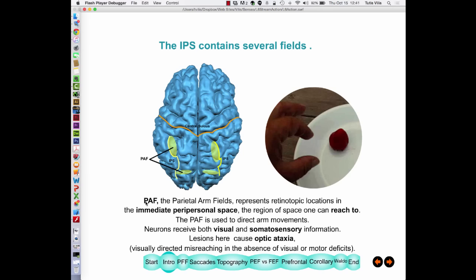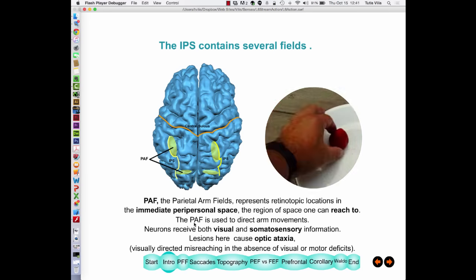The other thing you have is a parietal arm field, and there are two locations where that is being coded. It represents retinotopic locations that are in the immediate peripersonal space, things that you can reach for.